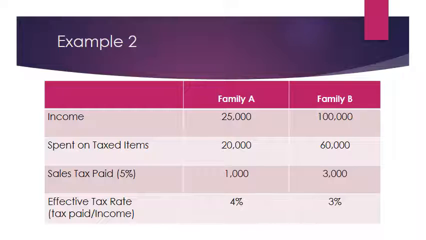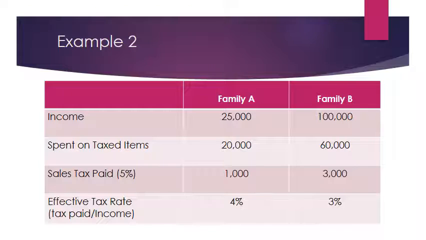So here, family B paid more in taxes in monetary terms, £3,000, compared to family A, which only paid £1,000. However, in order to judge whether the tax is progressive, regressive, or proportional, we need to calculate the effective tax rate.